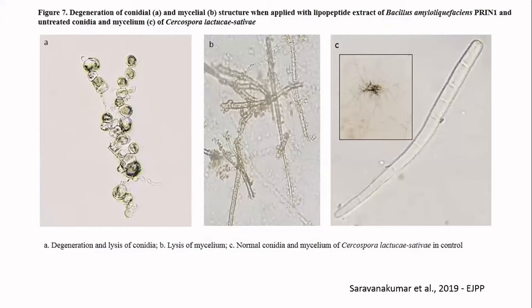In that way, suppose we miss any of those compounds, then using column chromatography as well as mass spectroscopy and NMR, chemistry based techniques, we will be able to identify those lipopeptides or those antifungal or antibacterial compounds. When we tested those fractions, you could see the lytic activity of those fractions on the spores of fungi that cause disease in lettuce.